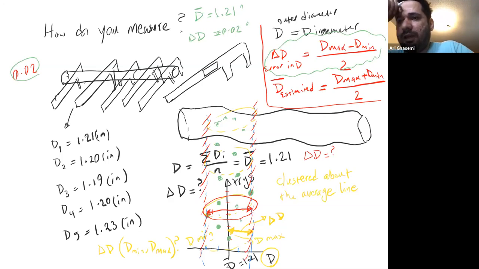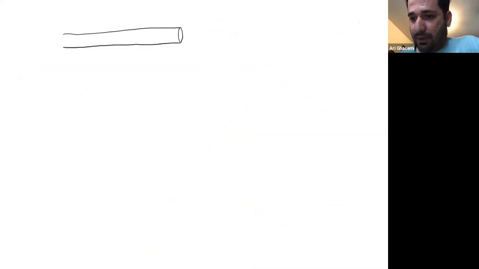Now, I want to ask you something. Let's take another page. Let's say now I have a pipe that is manufactured and is a very high quality pipe, so the diameter is pretty much the same. They use a CNC machine to create this pipe.